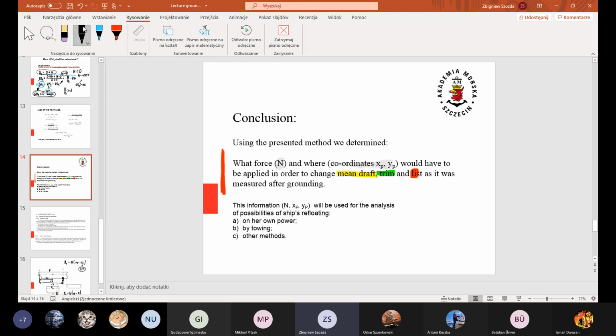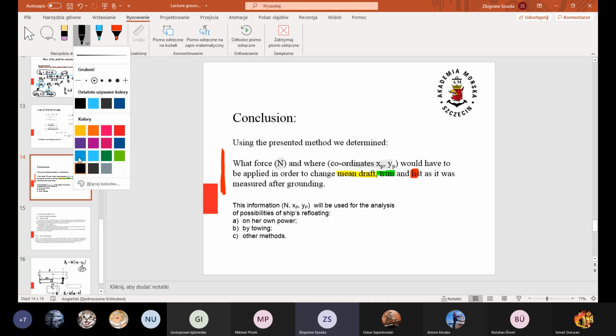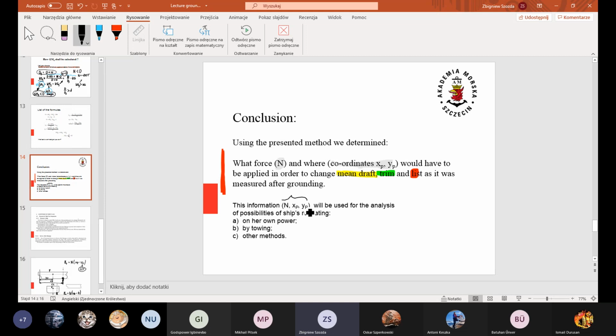And what is the purpose of such calculations? This information, in terms of 3 numbers, will be used for the analysis of possibilities of ship refloating. So what to do to refloat the ship on her own power, by towing or other method if it may be applied.